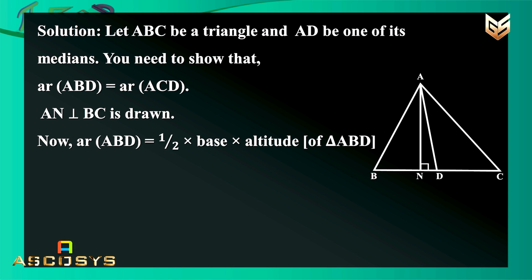Now the area of ABD is equal to half into base into height or half into base into altitude. As you know, we are finding the area of triangle ABD. Now here the base is BD and the altitude is AN.